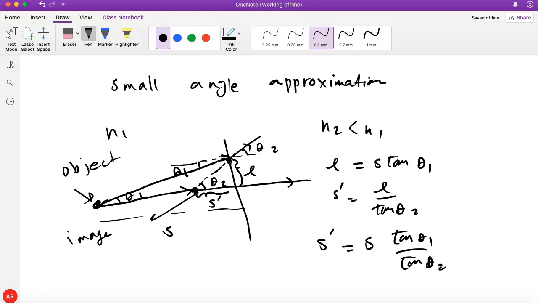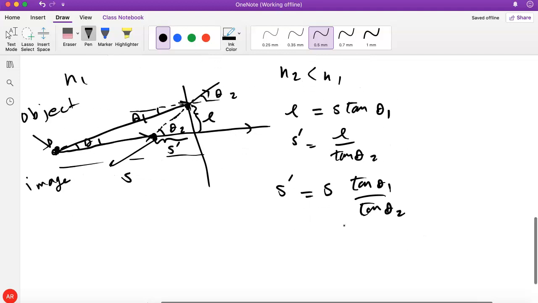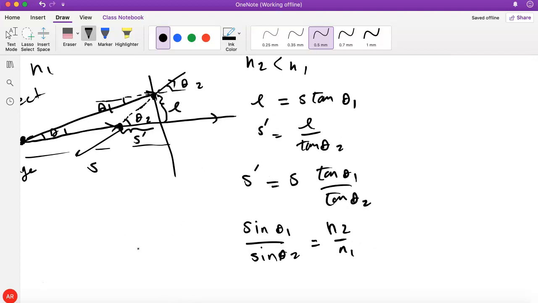That's an exact expression, right? And then the relation between theta 1 and theta 2 is that sine theta 1 over sine theta 2 is n2 over n1, right? That's Snell's law. So if you want to solve these exactly, S prime depends on what theta 1 is.